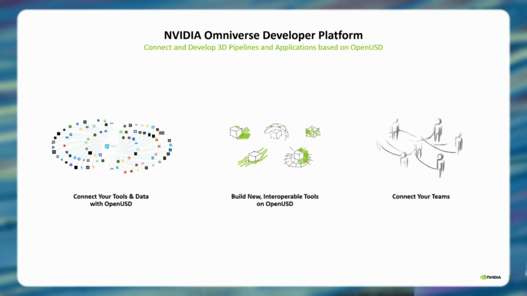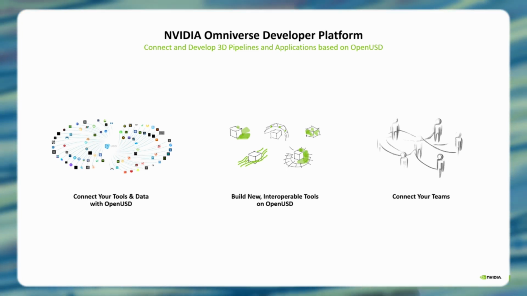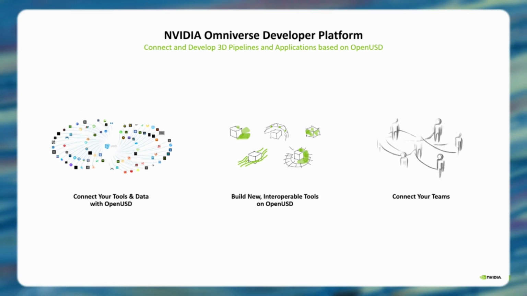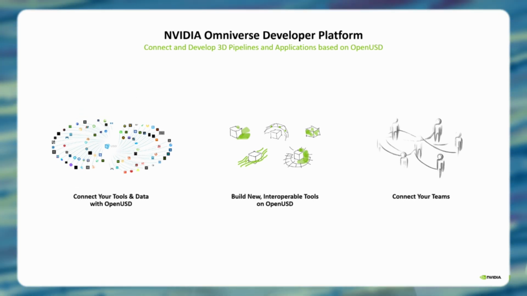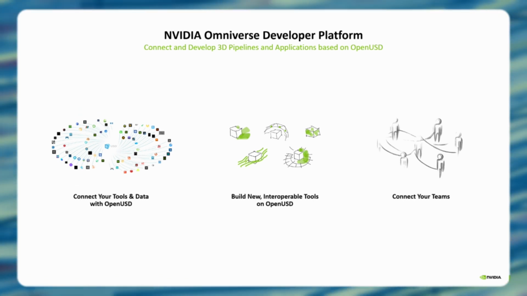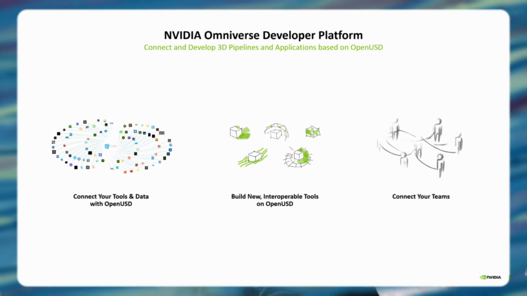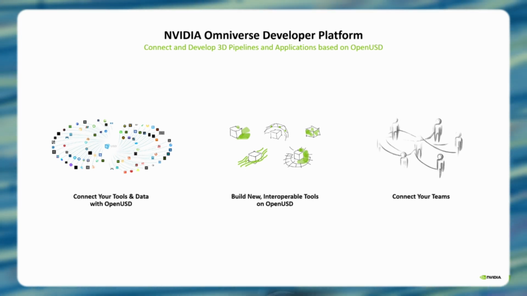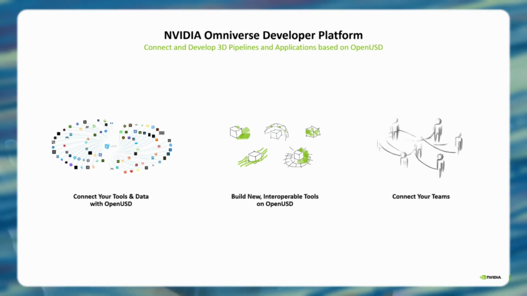First of all, it is a way to connect in all the tools that you know and love and connect them into the same USD centric, universal scene description centric backend so they can all work nicely together. Second, it enables you to build out interoperable tools that you can create new experiences, and you can have bespoke user experiences for different people in that workflow.